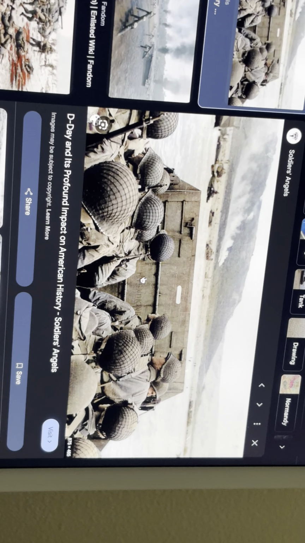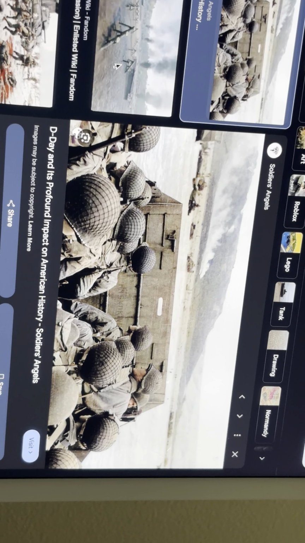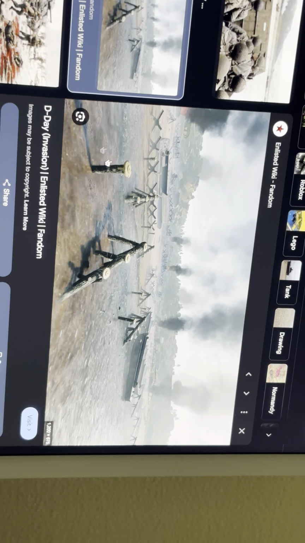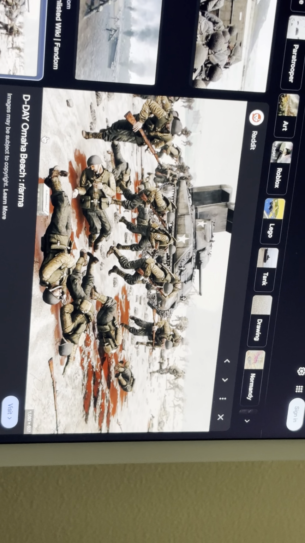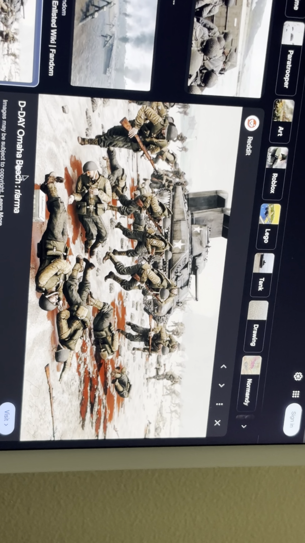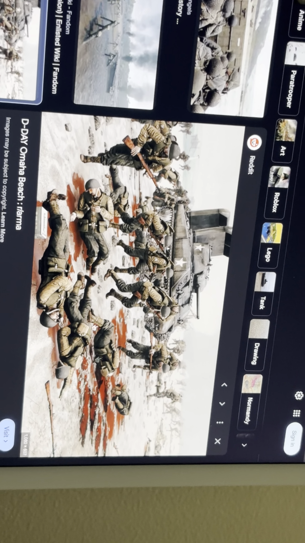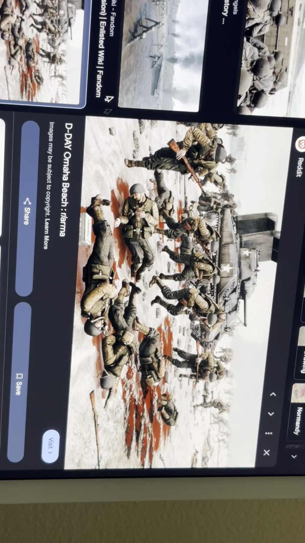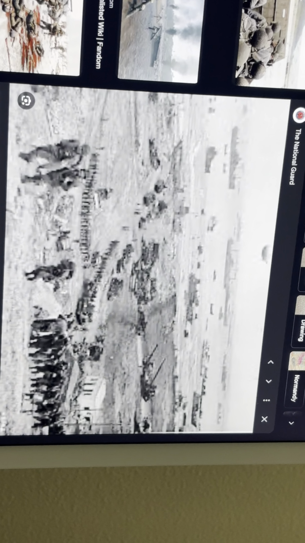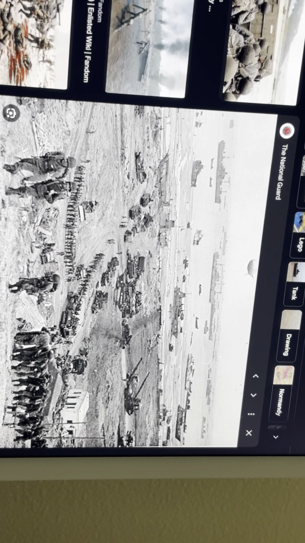This one's in color, so you can see it a bit better, but this is also in color, so you can see a lot better. This is from Omaha Beach. This is more like a video game type picture, but there were many troops, as you can see, coming.